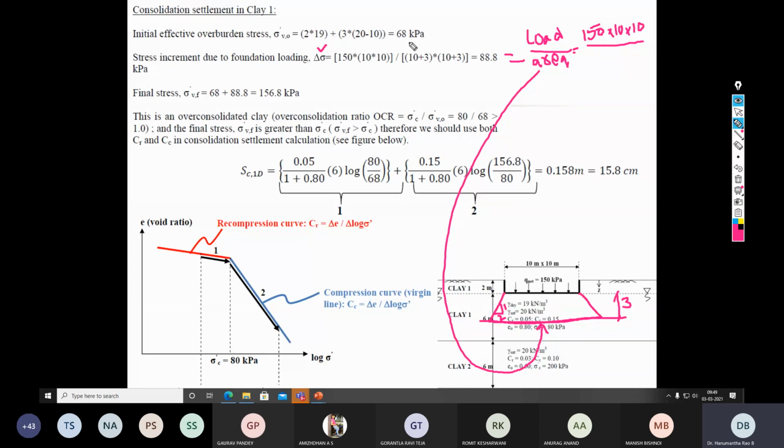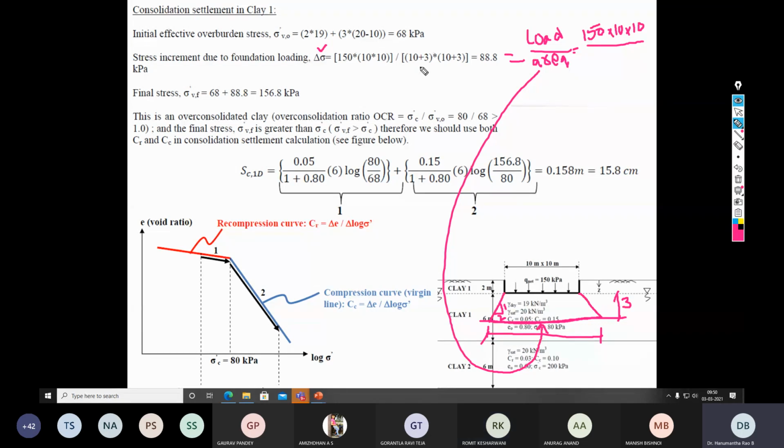So please let me know, since this is 3 meter, what would be the total width at a depth of 3 meter? Anybody can tell me? If we consider the load dispersion of 2 horizontal to 1 vertical. Sir, 16 meter. Total 16 meter. Yes, sir.